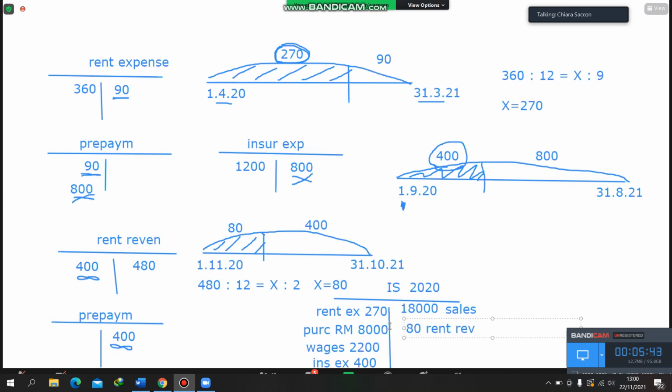I tell you that in the final exam, someone sometimes writes only the numbers, the amounts, and not the items. It is a huge mistake. So write items and amounts, both of them.